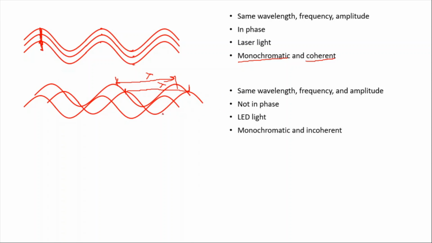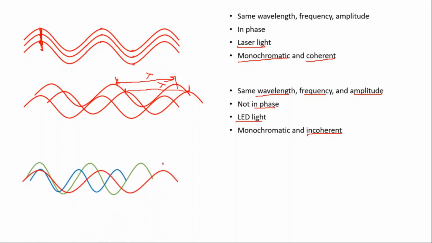So this is a monochromatic light, but not coherent. It is incoherent. The wavelength is the same, frequency is the same, amplitude is the same, but it is not in phase. That's why it is called monochromatic, but not coherent. This type of light is the LED light, light emitting diodes, and this type of light is the light of the lasers.